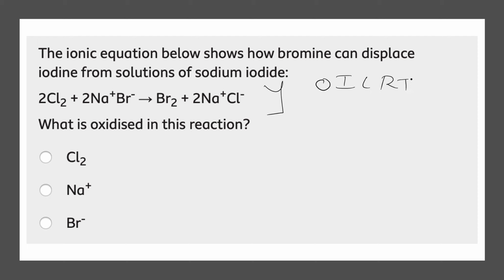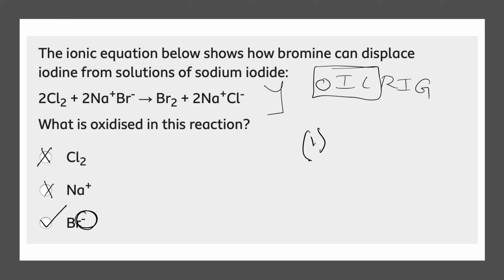We're just going to concentrate on the first part of this word. OIL means oxidation is loss of electrons. So we know that the element will be the answer, which is loss of electrons. So it won't be Cl2, it won't be Na+, it will be bromine because it has loss of electrons over here, and that will give you 1 mark.